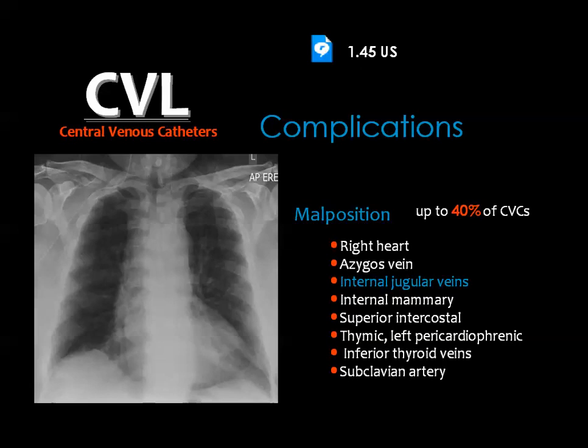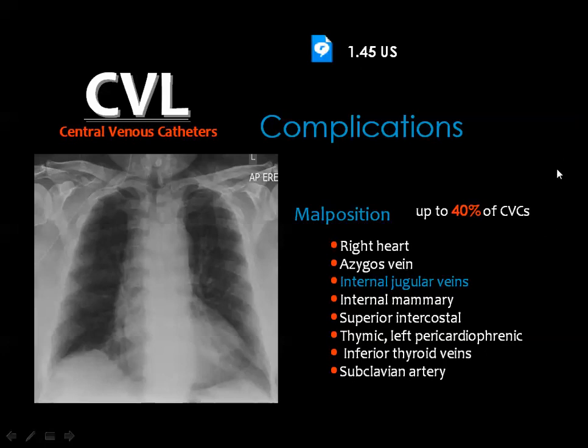These are frequent sites of malposition of the catheter, including that the catheter has passed into the right side of the heart, into the azygos vein, into the internal jugular vein, as you can see in this example, into the internal mammary vein, the superior intercostal, the thymic, the inferior thyroid, or the subclavian artery. These malpositions are seen in about 40% of central venous line insertions.